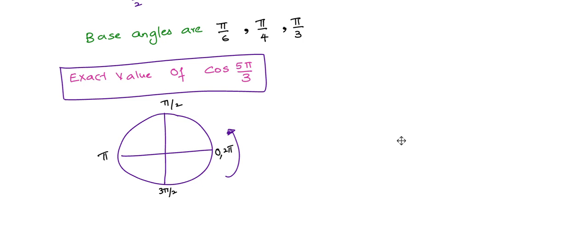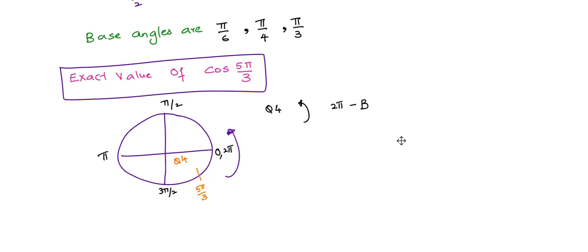First thing you would like to do is see where 5 pi on 3 fits. As you can see, 5 pi on 3 fits in the fourth quadrant over here. As I explained before, for quadrant 4 anti-clockwise, the condition is 2 pi minus base angle.